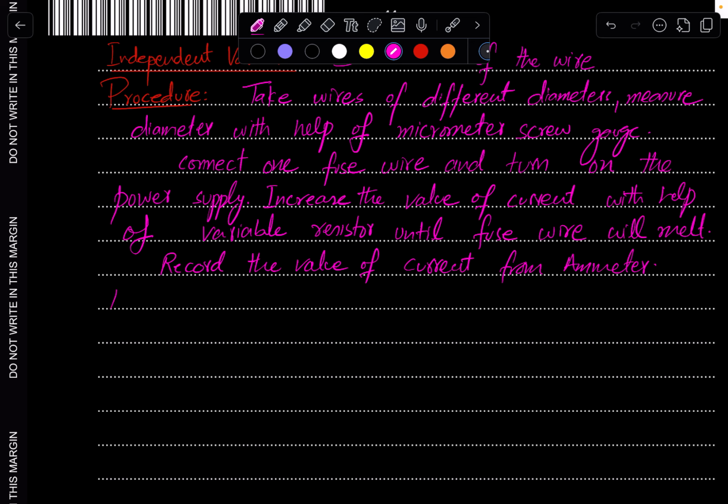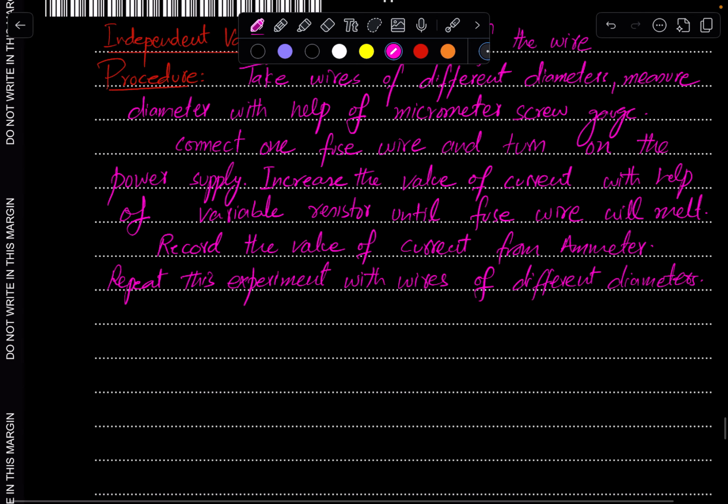Now we have to repeat this experiment with wires of different diameters. So we are done with the procedure.